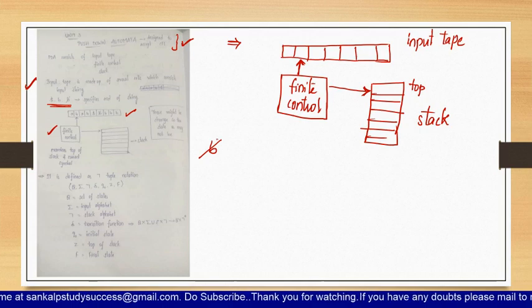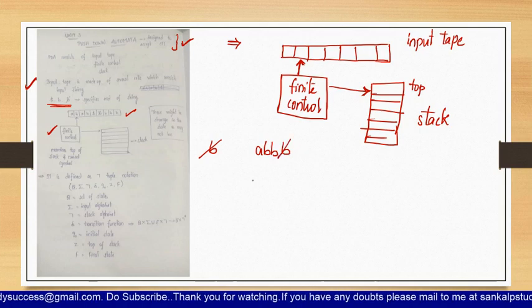If there is a string, that means a, b, b, and a B with a slanting line follows the string, that means till here we are going to end our string. It represents the end of the string.